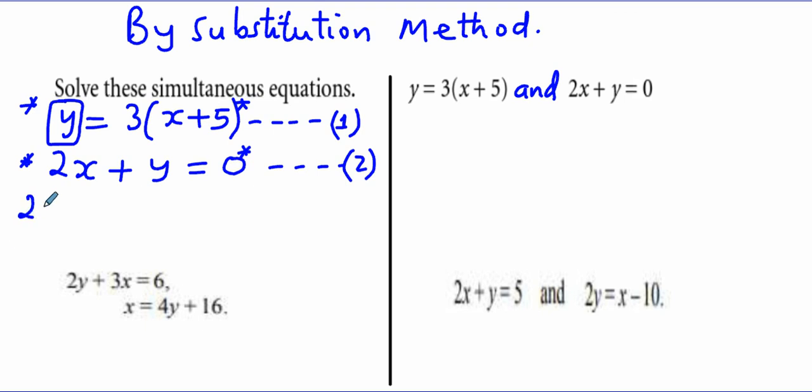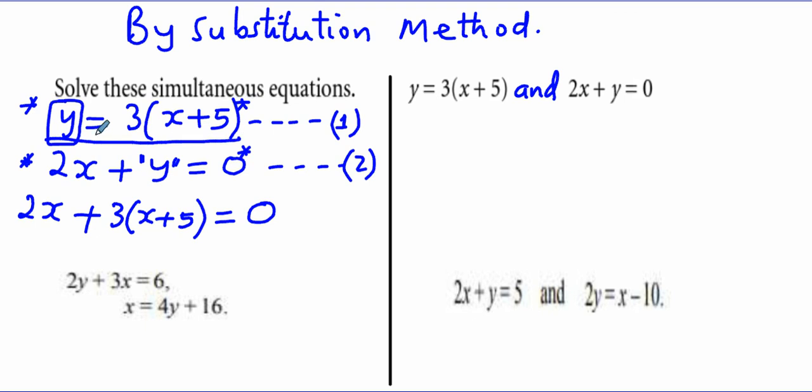We write 2x plus y. Now in place of y, we are going to write 3 open brackets x plus 5 close brackets. So 2x plus y will be reading as 2x plus 3 times x plus 5, and the equation will be equal to 0.